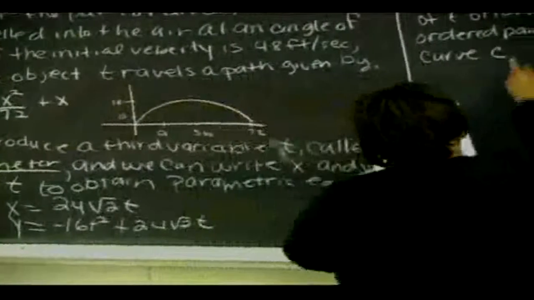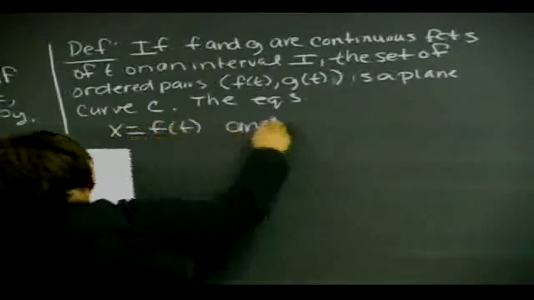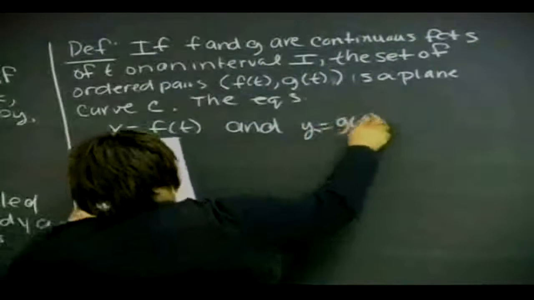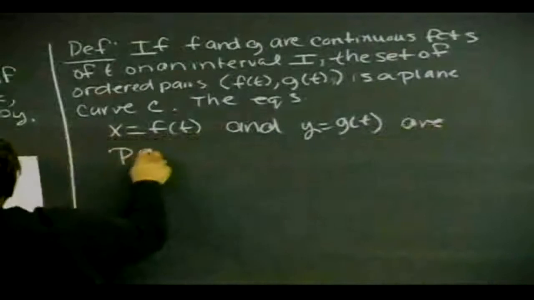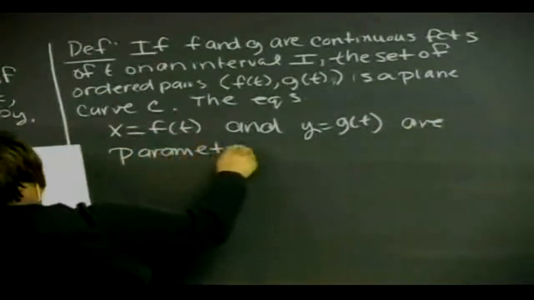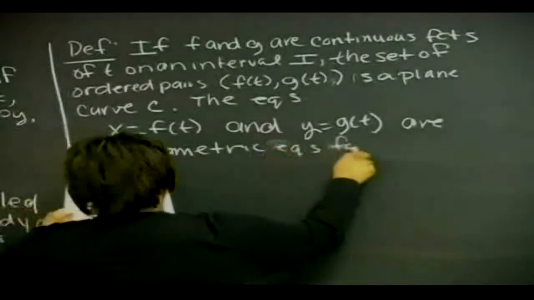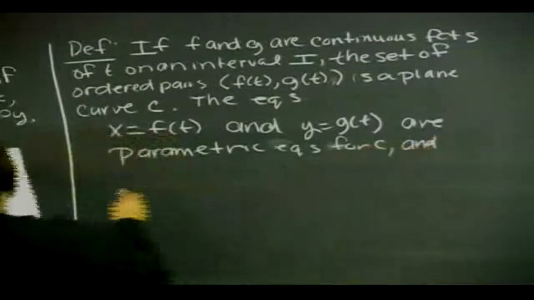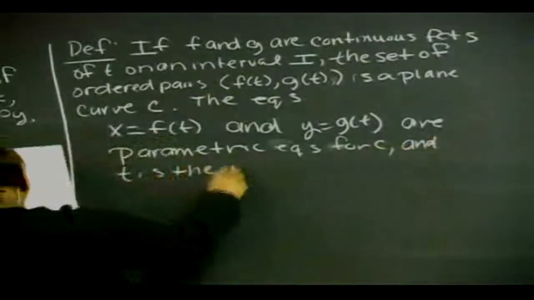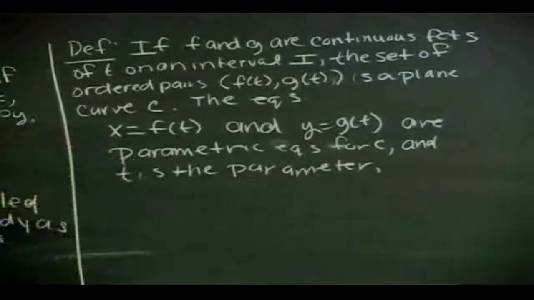It's a plane curve C. The equations x equals f of t and y equals g of t are the parametric equations for C, and t is the parameter. Okay? t is a parameter.